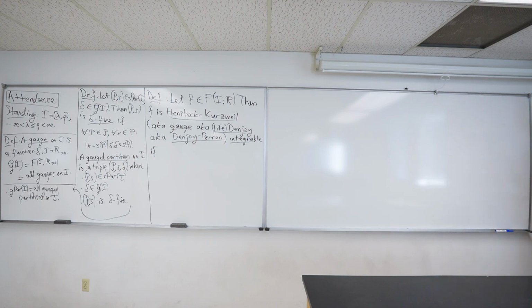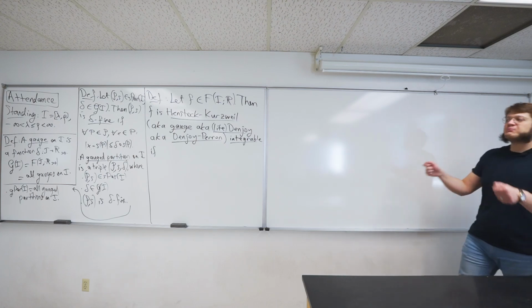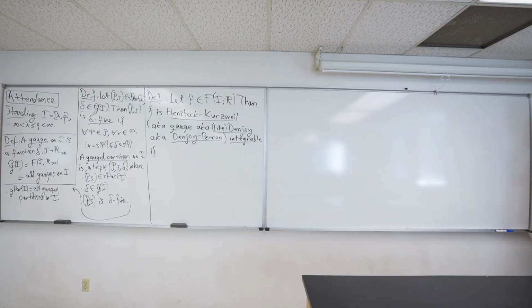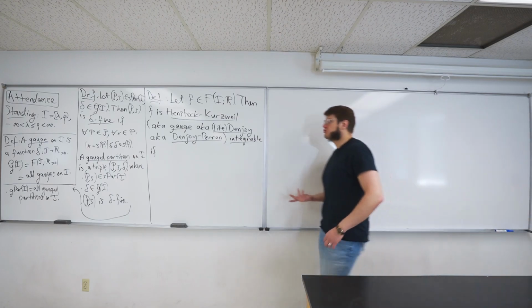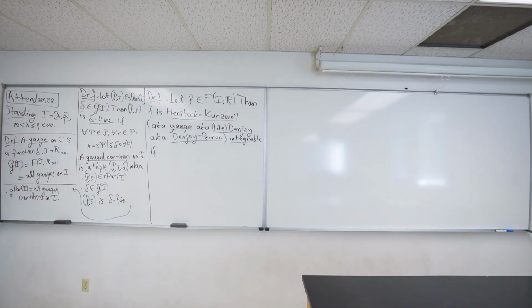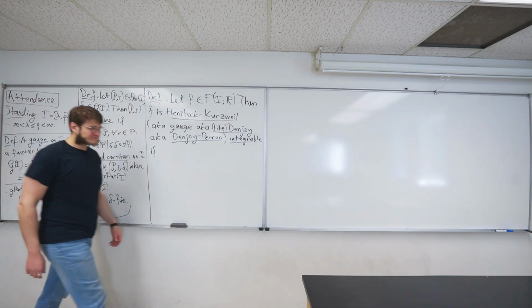And a gauge is going to be basically something like a bound on the mesh, but it's going to depend on the point, on the horizontal x that you're looking into. And so that gives you more control as opposed to bounding the mesh. And that makes all the difference.